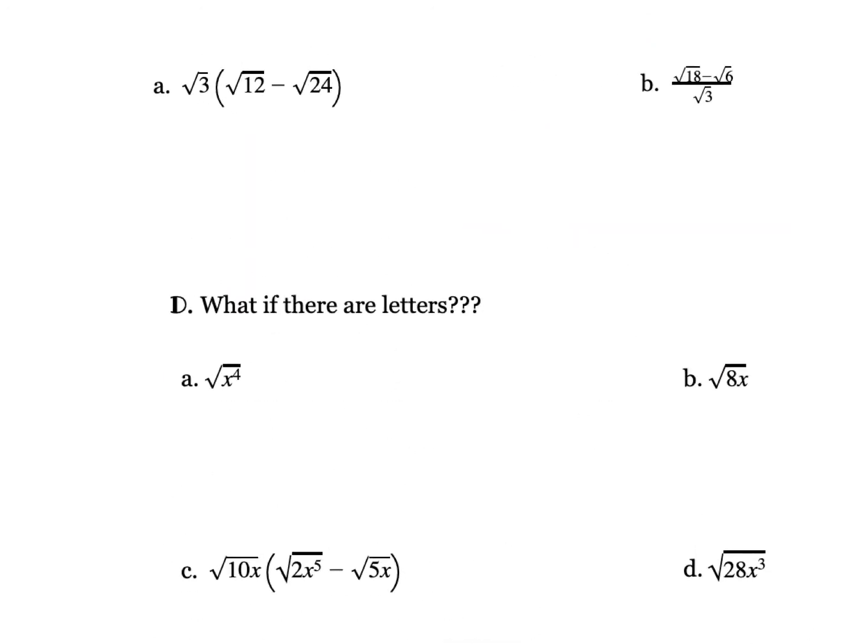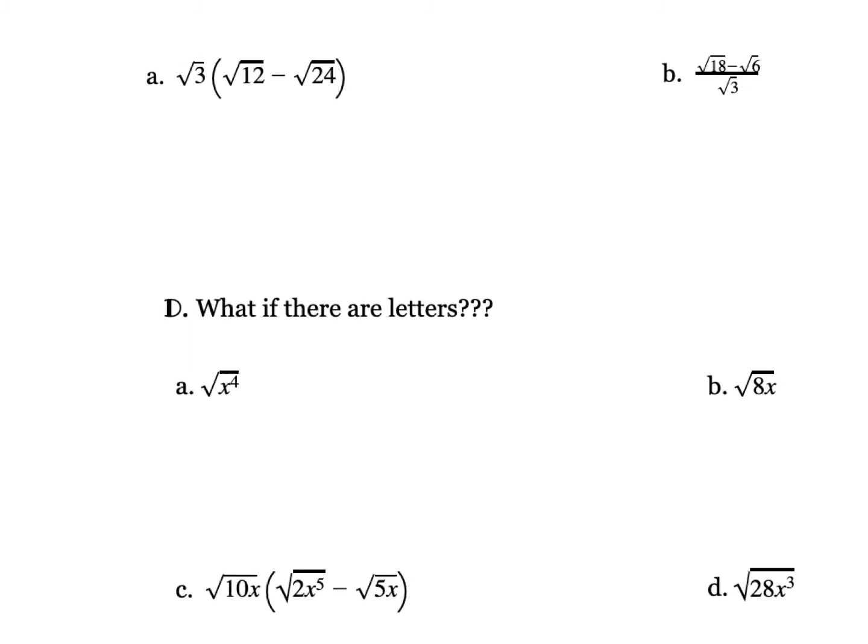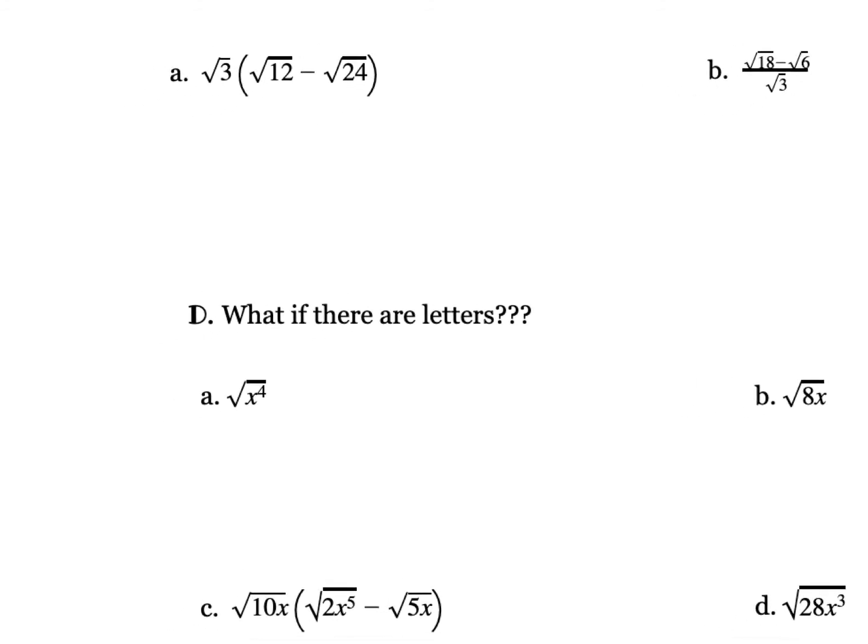The last thing that we need to look at today is distributing of radicals. So for example, you can see that here, this square root of 3 needs to be distributed. That would make the square root of 36 minus the square root of 72. 36 square rooted is 6. 72 you would need to factor tree.